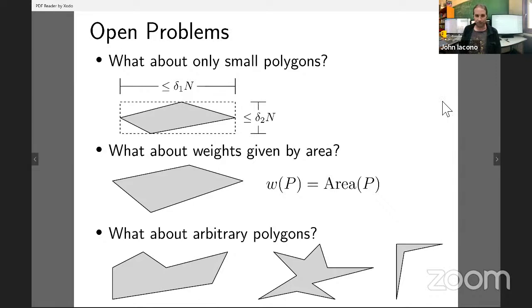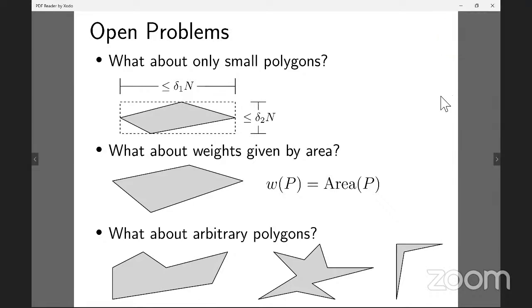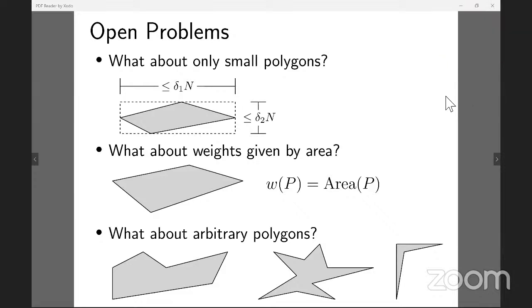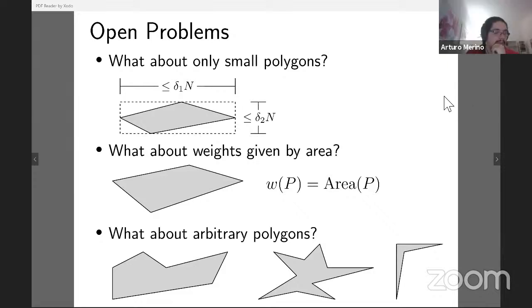Any other questions? There is a question in the chat. It says, wouldn't mirroring just increase the input size by a factor of 2? I mean, but somehow you're also allowing to use the polygon twice or not?